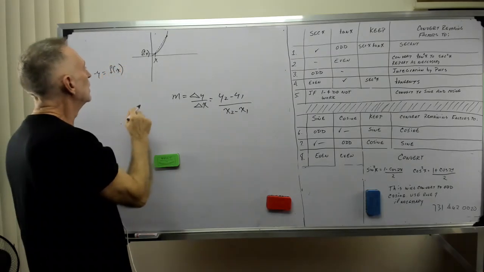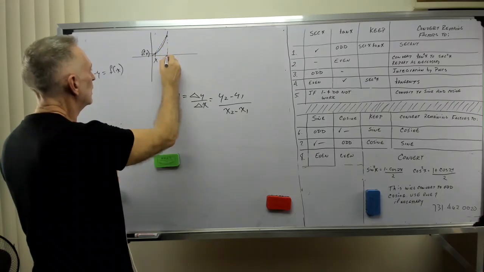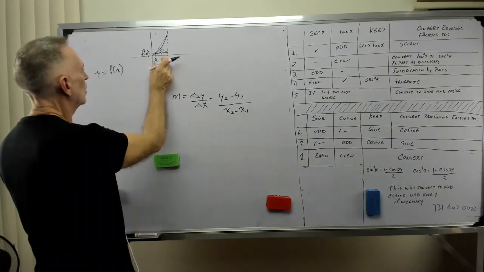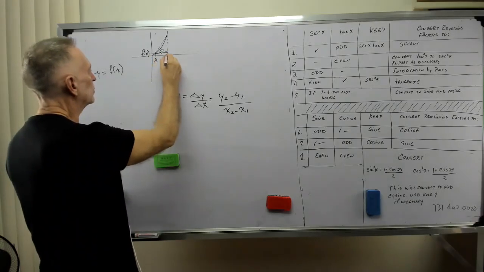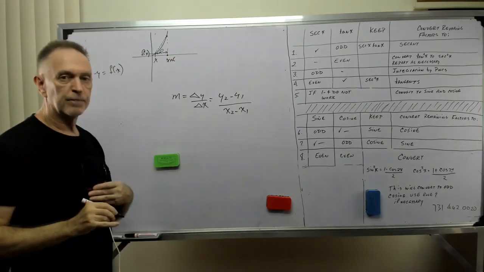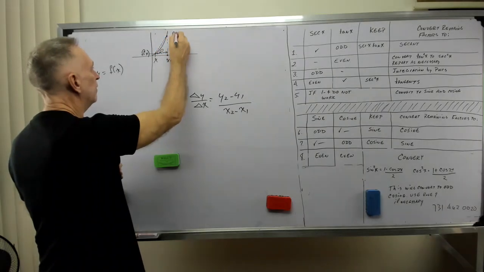So what is this one? Let's say that this change in x is h. So I'm increasing it by h. This point right here is x plus h. The y value would be f of x plus h.